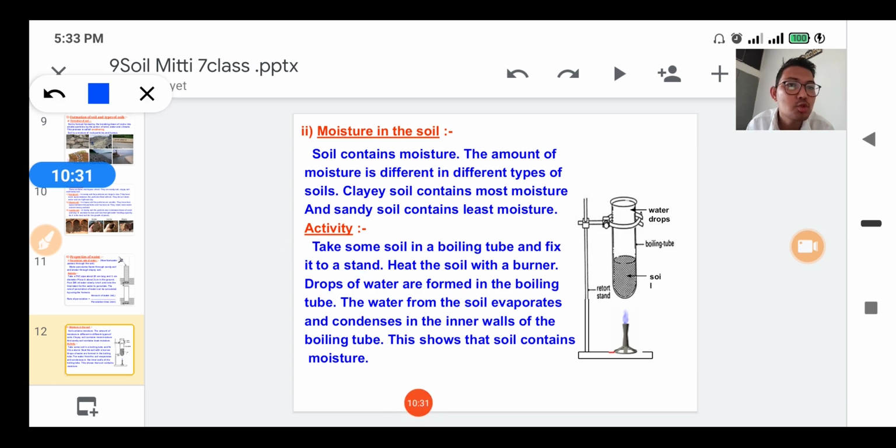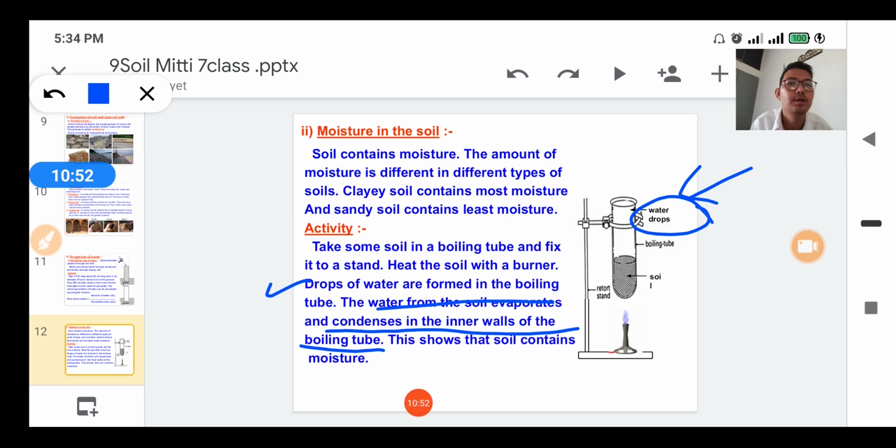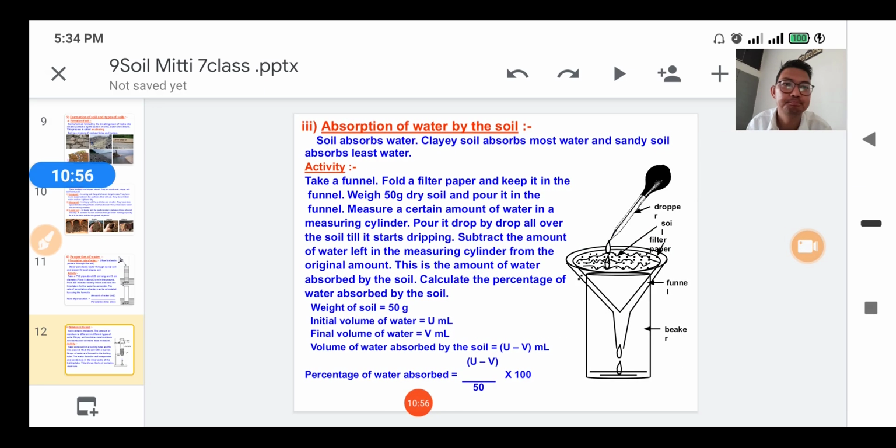As we heat the soil, drops of water are formed in the boiling tube. Here on the inner wall of the test tube, water droplets start forming and the water from the soil evaporates and condenses on the inner wall of the boiling tube, which I was showing you here. It shows that soil contains moisture.